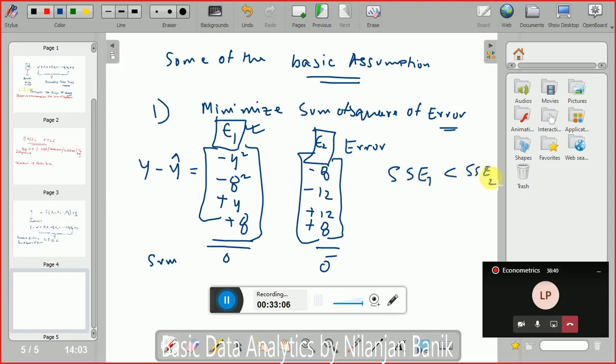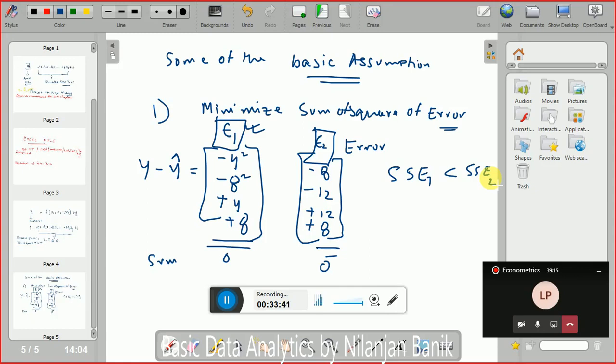Is it clear? Any question, please ask. So whenever we are trying to estimate any equation, we use this principle of minimizing the sum of square of error, and the sum of square of error is something that varies from sample to sample.